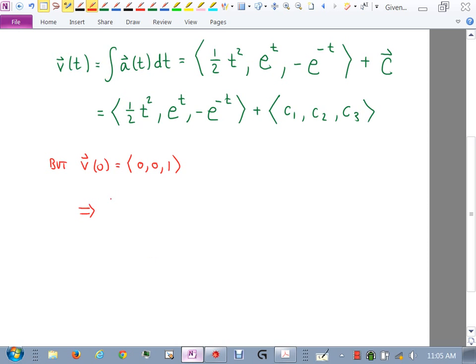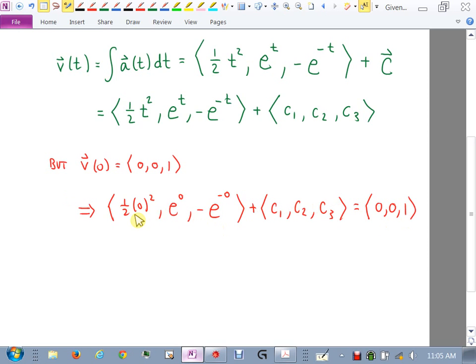So that means that when I do 1/2 times 0 squared, e to the 0, negative e to the negative 0, still 0, plus my constant vector, I should get 0, 0, 1.